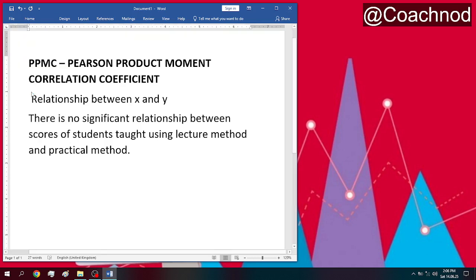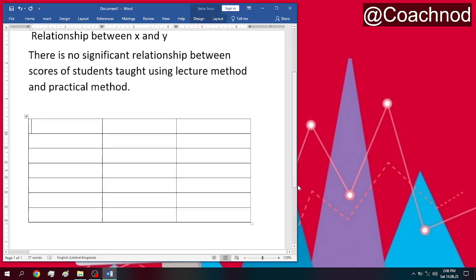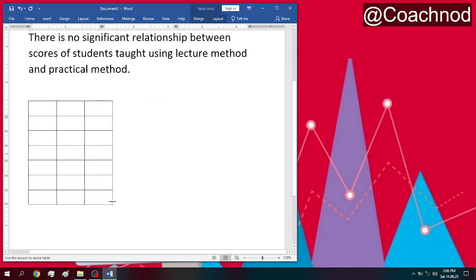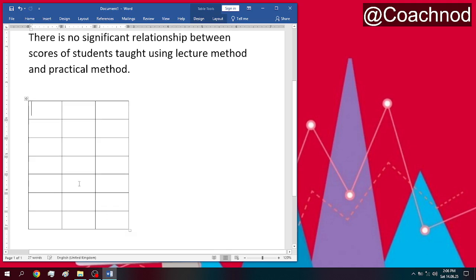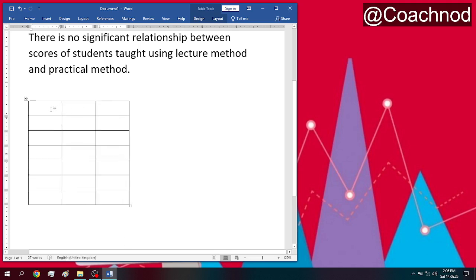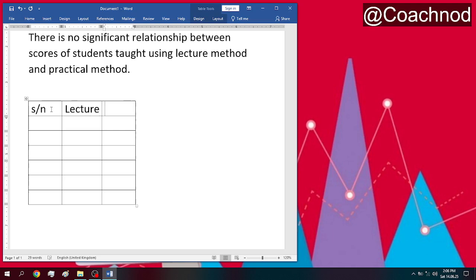Let's assume we have these scores. S/N serial number. This is the lecture method. Then we have the practical method.